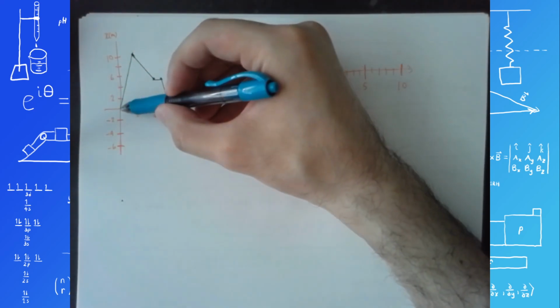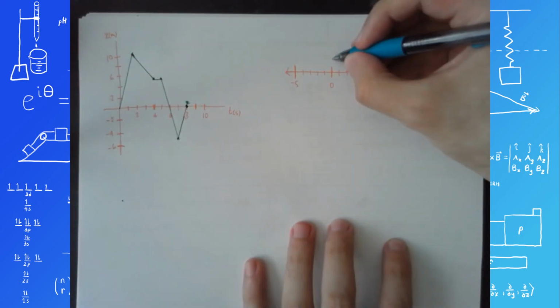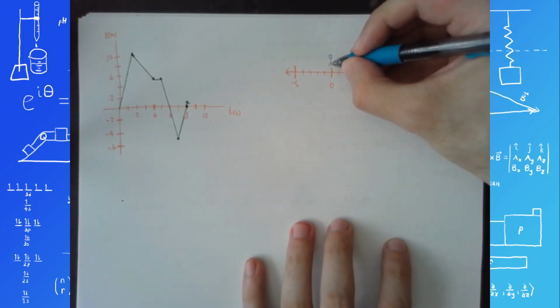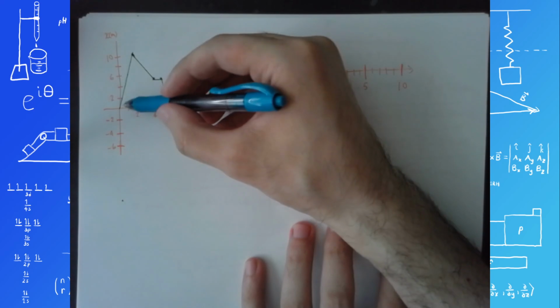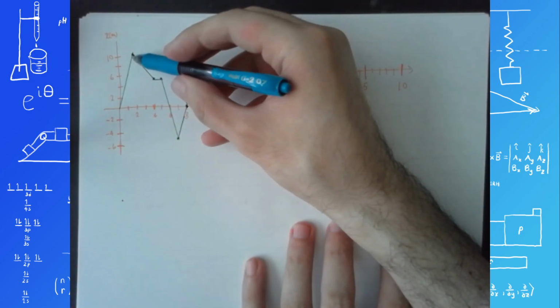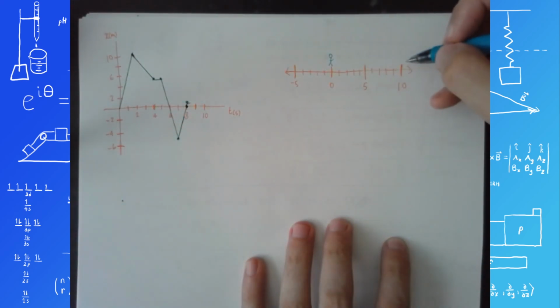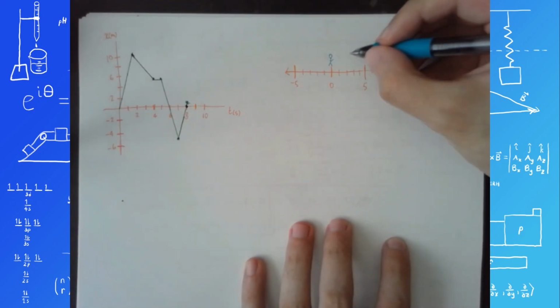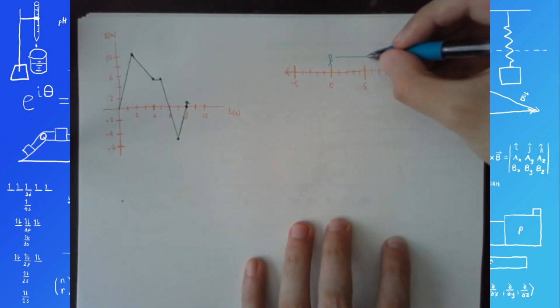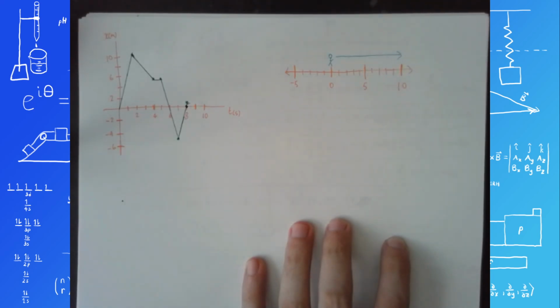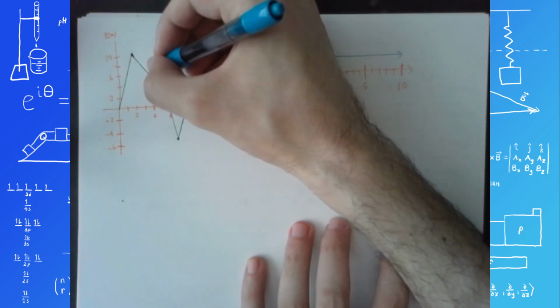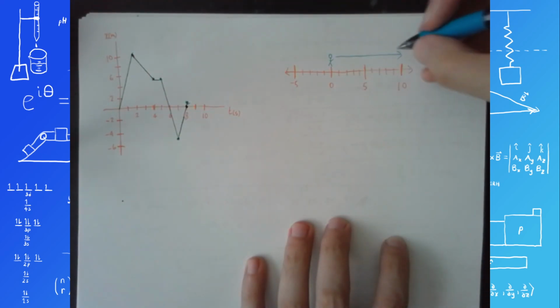So at time 0, they start here. They start at position 0. It looks like they move to position 10 at first. They move straight to position 10. Then they go from position 10 straight to position 5.